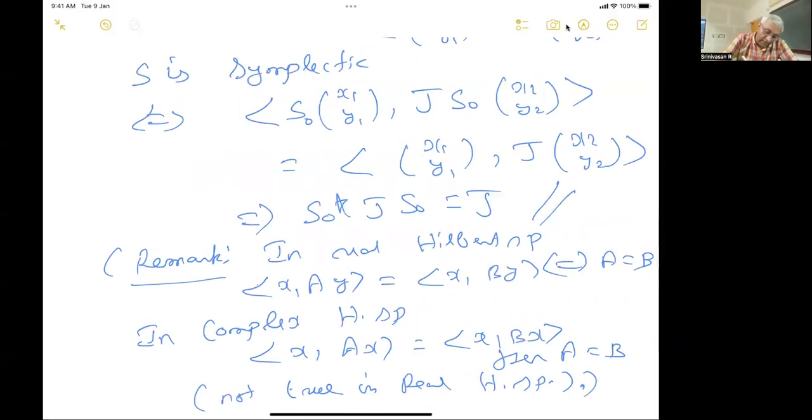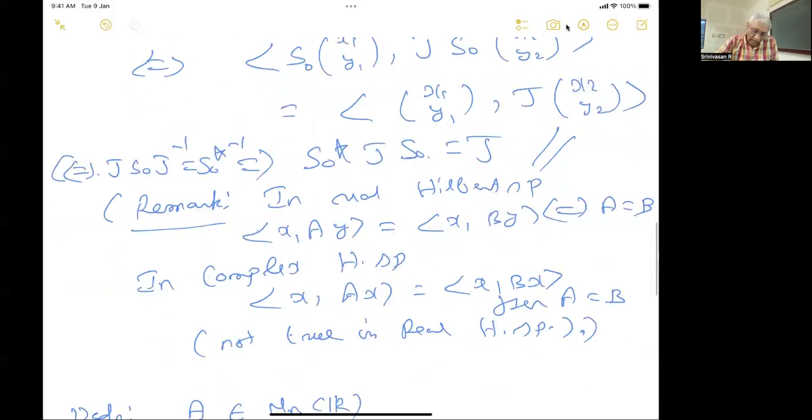This is equivalent to J S naught J inverse equal to S naught star inverse. You can take the J inverse to this side and S naught star inverse to that side.